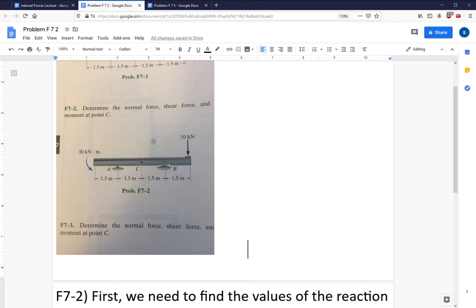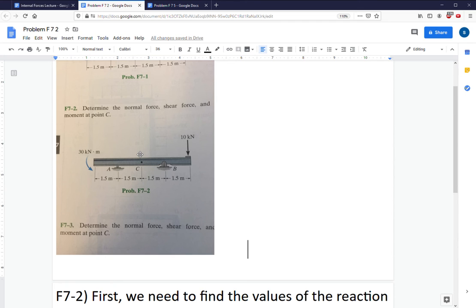Next, sum of moments equation. I have again opted to find the moments about point A. So there is again this 30 kilonewton meter applied moment here. Again, it doesn't matter where it's applied. The reaction at A will not create any moment. The shear at C will create moment.